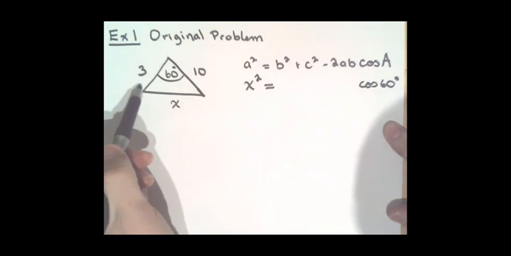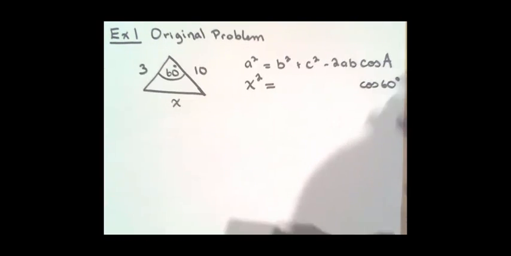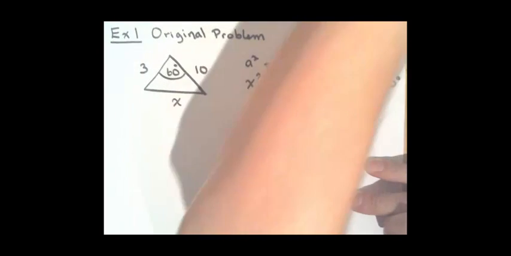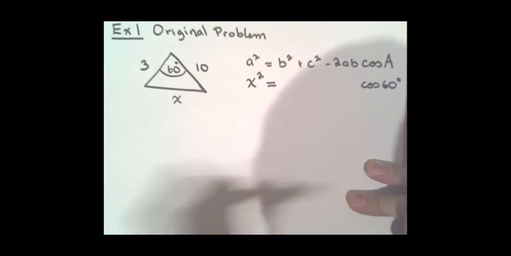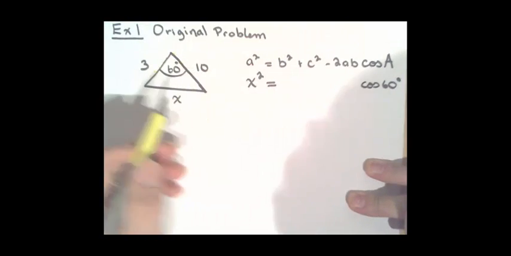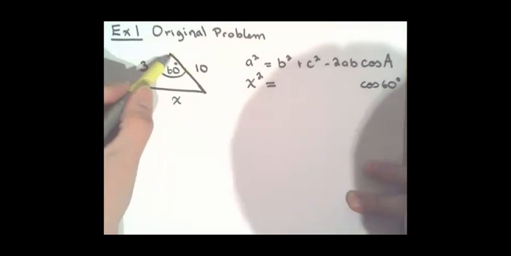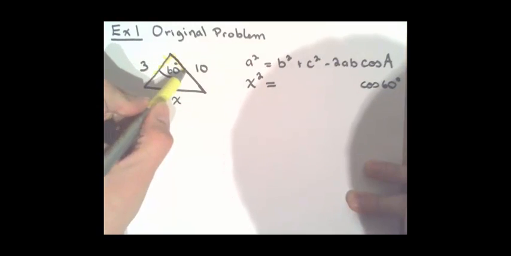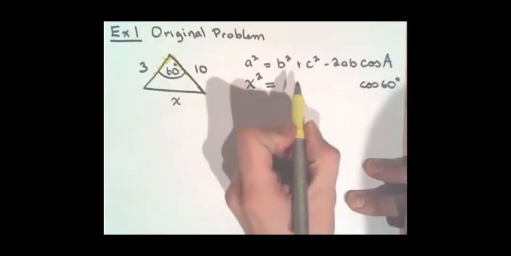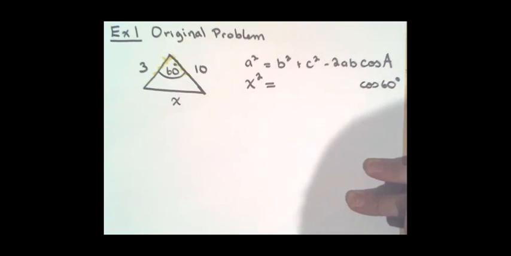The other players, side 3 and side 10, almost like sandwich the 60 degree angle. They're sort of squeezing the angle of 60 degrees. Those sides doing that are B and C.